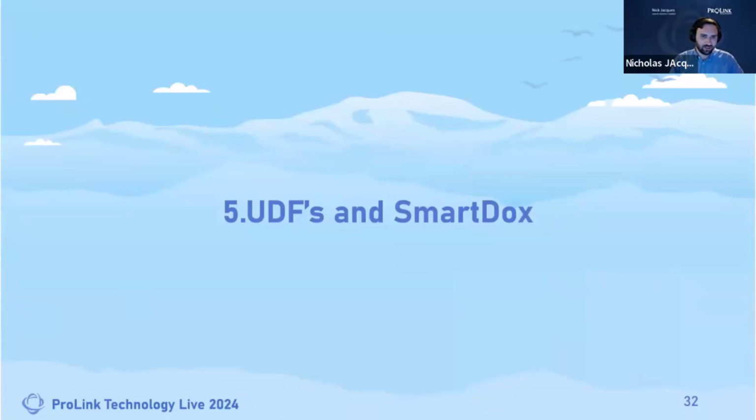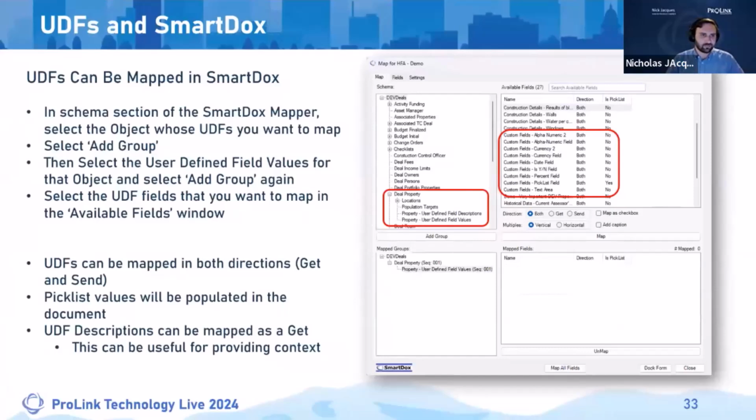And then finally, UDFs and Smart Docs. Same story here: UDFs are really well supported in Smart Docs. In the schema section of the Smart Docs mapper, you just have to select an object that is either the object that your UDFs exist on or a parent of that object, so that it can be included in your mapping structure.